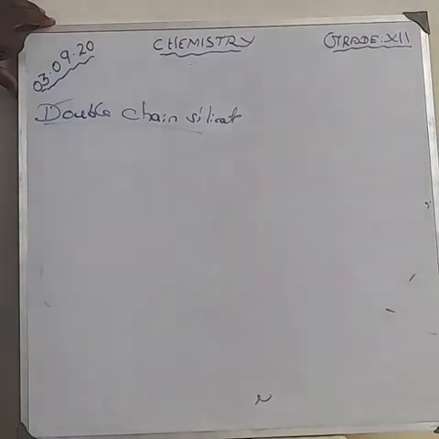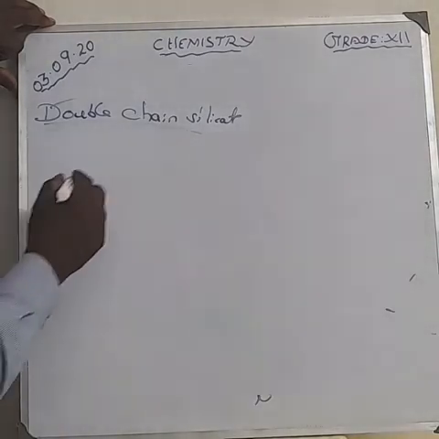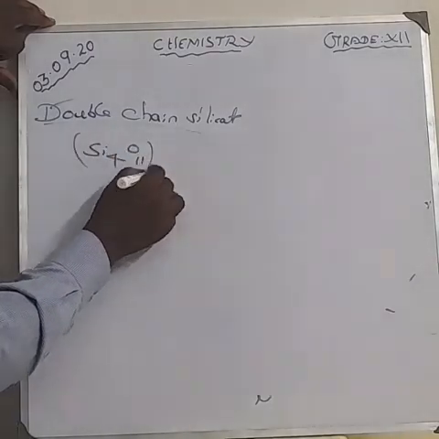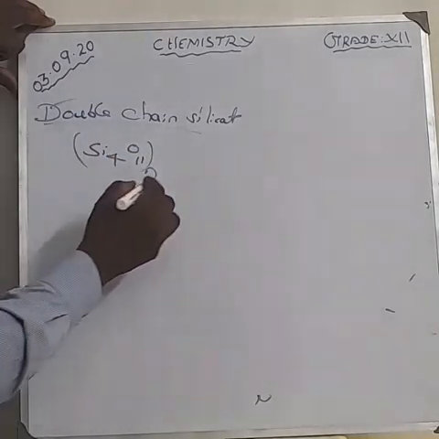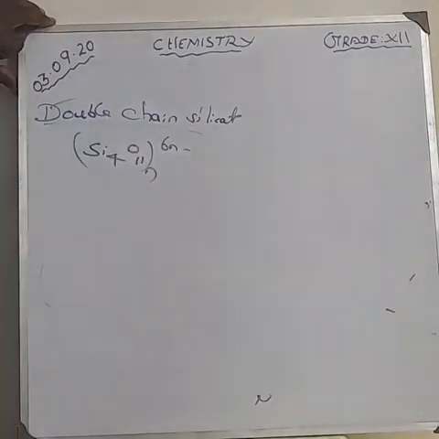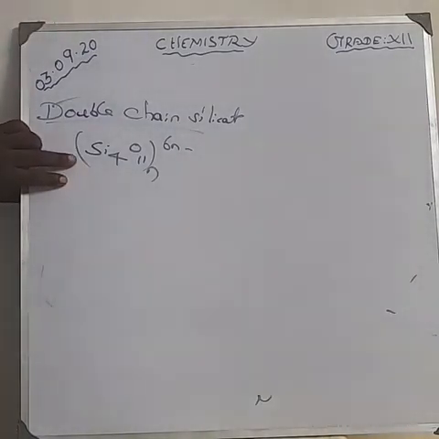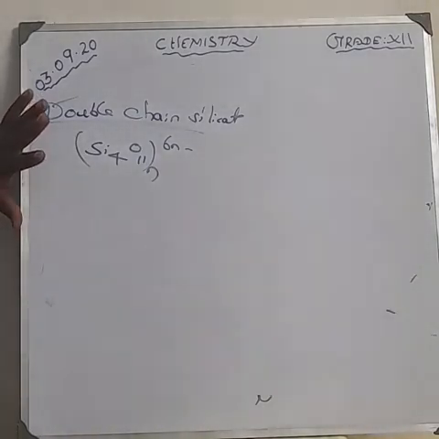This silicate contains Si4O11 n times, with 6n minus ions. Don't forget the formula for the one word question: what is the double chain silicate ion? Si4O11 with 6n minus ion.